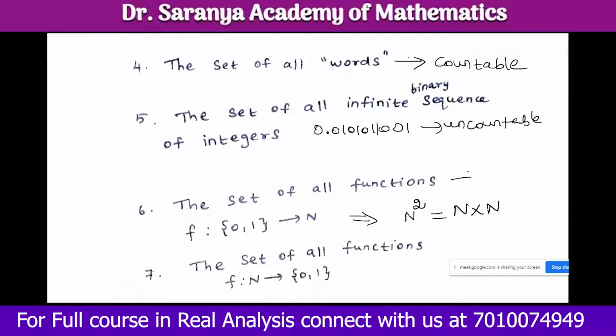Countable, ma'am, a finite Cartesian product. It is countable. So what about the seventh one? 2 to the power N, it is uncountable.